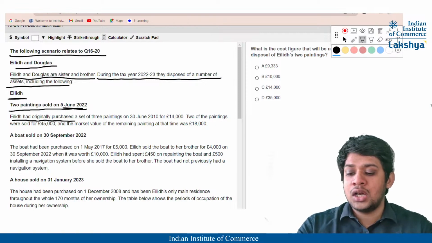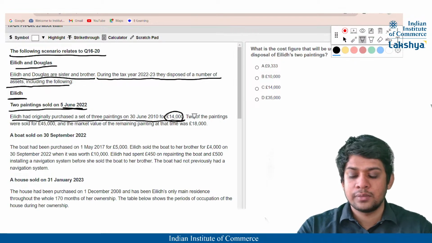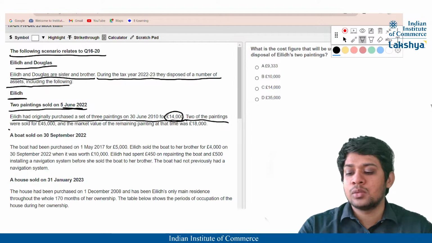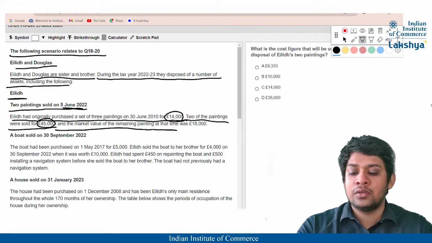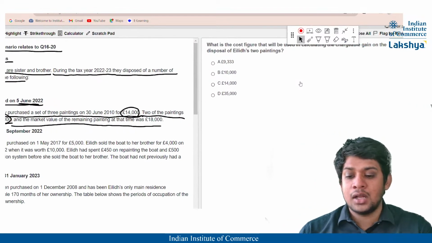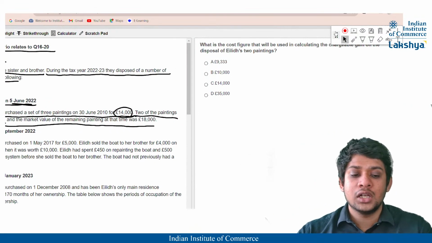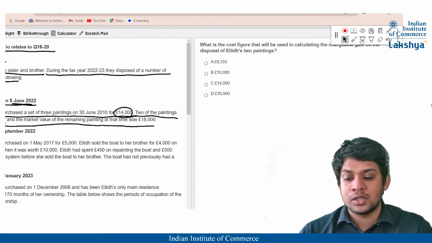Elidith had originally purchased a set of 3 paintings together on 30th June 2010 for £14,000. Two of the paintings were sold at £45,000 and the market value of the remaining painting at that time was £18,000. Just keep one thing in mind: here they are not testing chattels, they are mainly testing the part disposal.